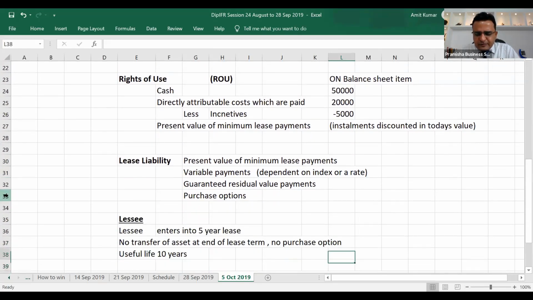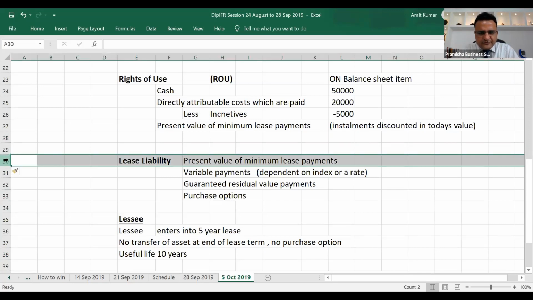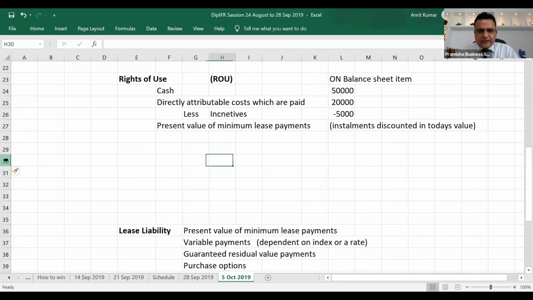There is a 50,000 payment over a period of time. So how to calculate the present value of all these years? 50,000 at the beginning of the year.